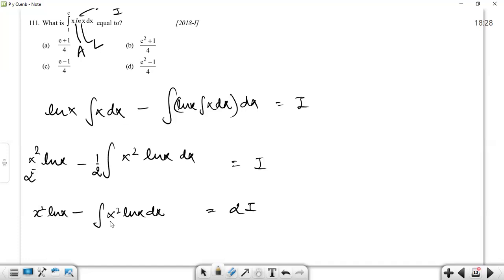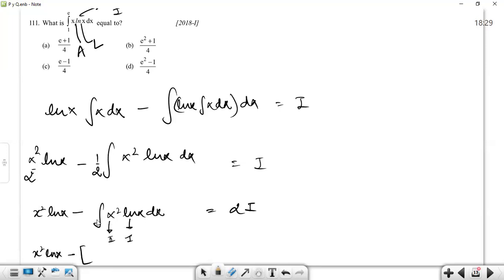Now again we will have to apply the formula of ILATE, since we have this product to integrate. So this is algebraic, this is logarithm, so ln x will be considered first and x squared second function.